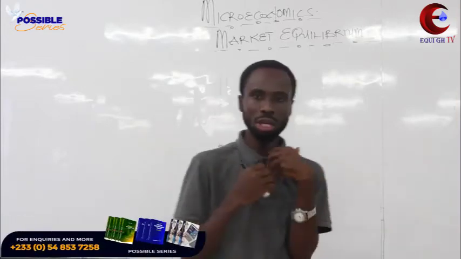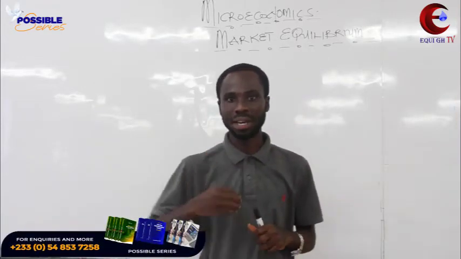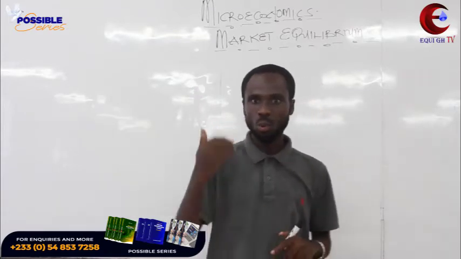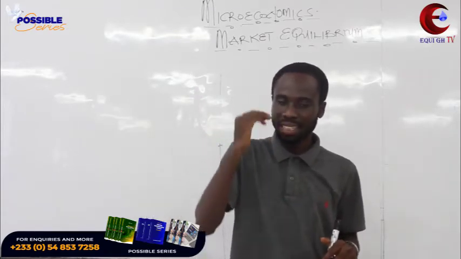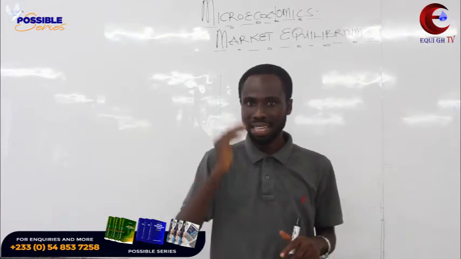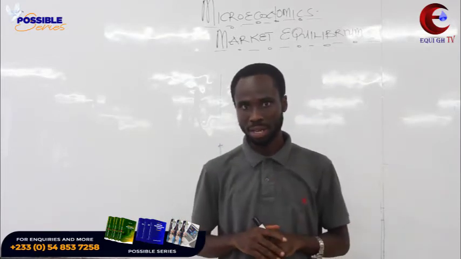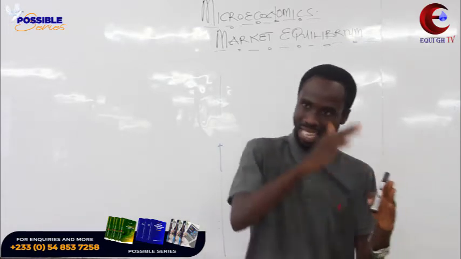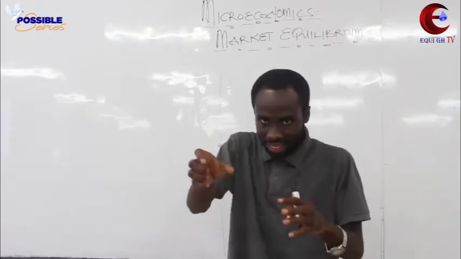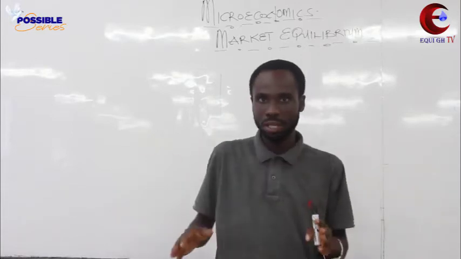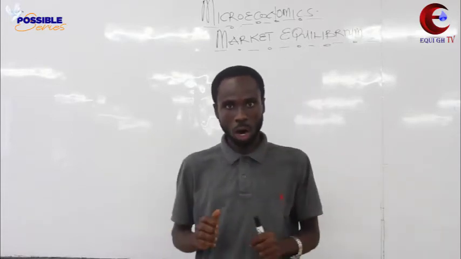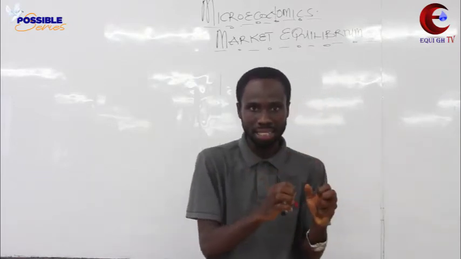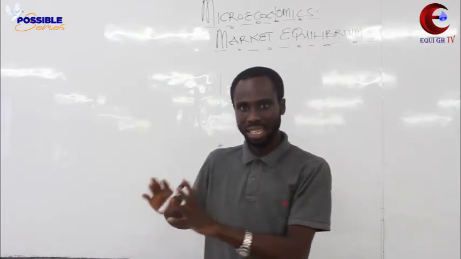Now when we talk about market equilibrium, we are talking about the state at which the market is zero, or the point at which the market demand curve cuts the market supply curve. The point at which the market supply curve meets the market demand curve. Or it is the point at which market demand is equal to market supply.